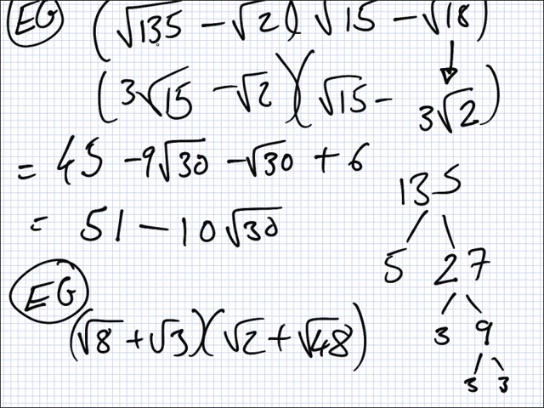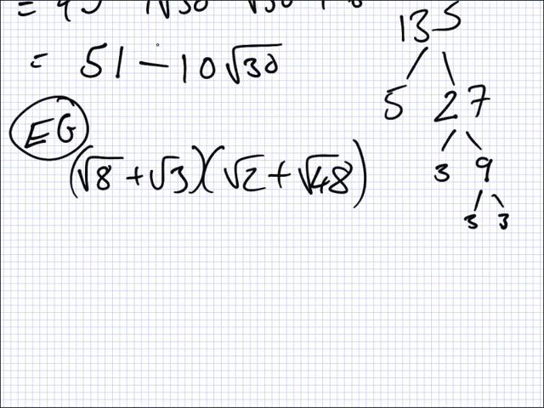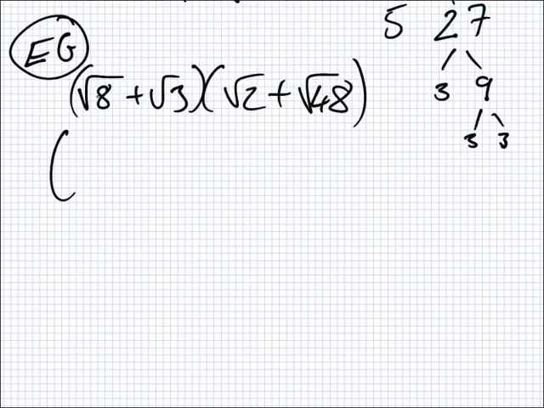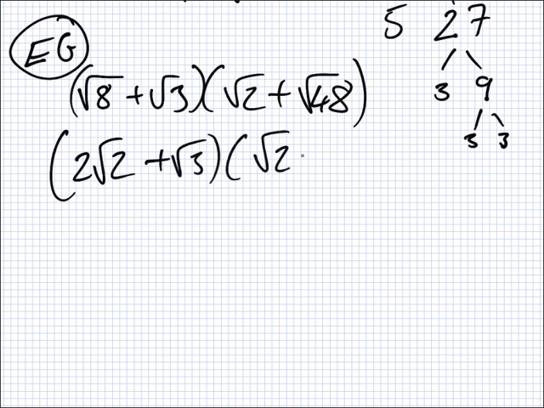Okay, got it? Can we simplify here? Root 8 is 2 root 2, isn't it? Plus root 3, times root 2 plus 4 root 3.